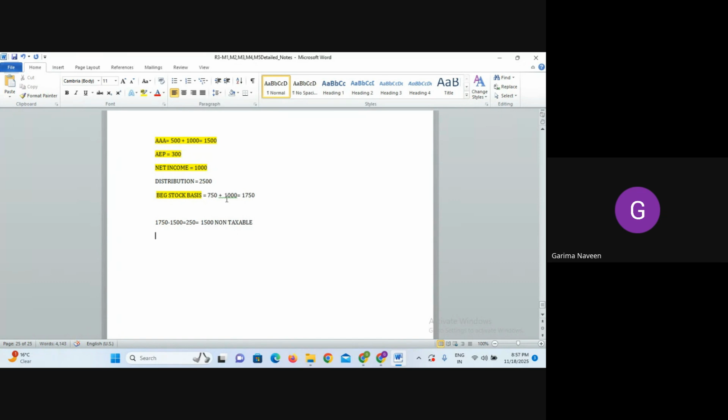Next, the distribution goes from your AEP account. So 1,500 from your AAA, now it comes from your AEP account. So $300 is coming from your AEP account. That means it will be considered as your dividend income and will be taxable to you.